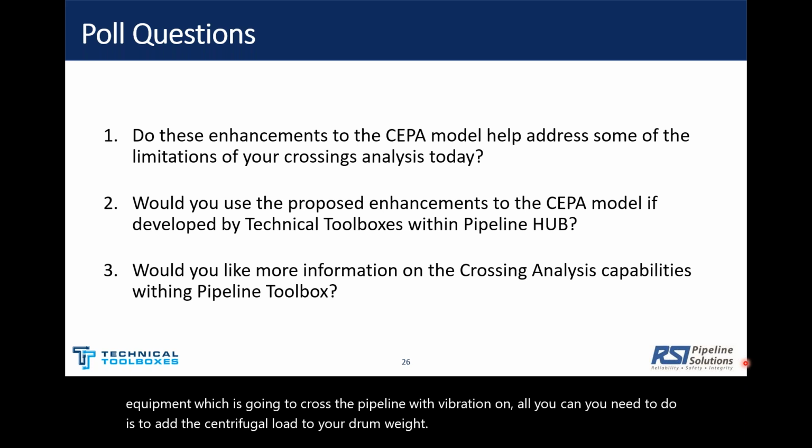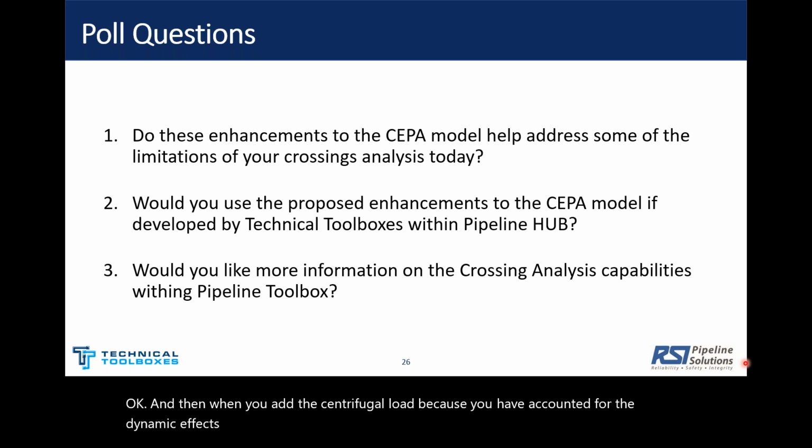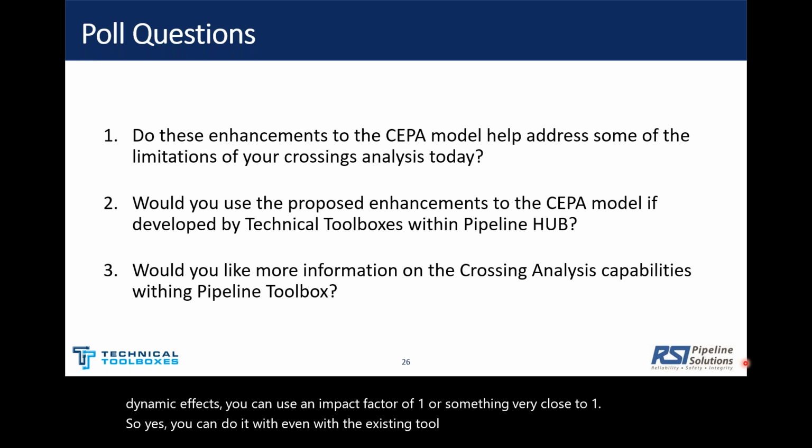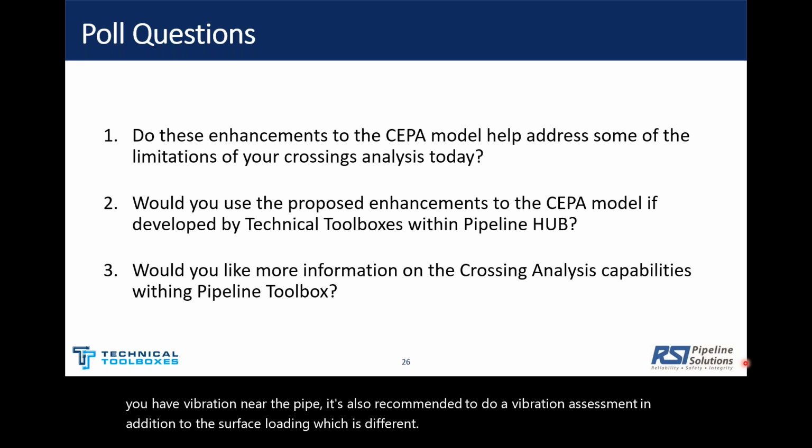Then, because you have accounted for the dynamic effects, you can use an impact factor of 1 or something very close to 1. So yes, you can do it even with the existing tool. But there is also another aspect. When you have vibration near the pipe, it's also recommended to do a vibration assessment in addition to the surface loading, which is different than surface loading.